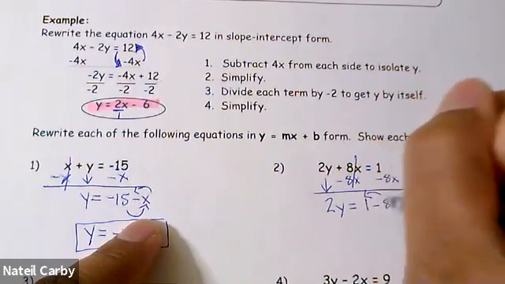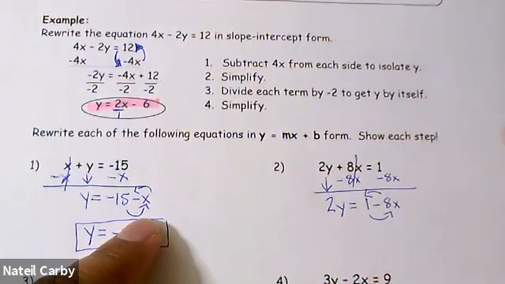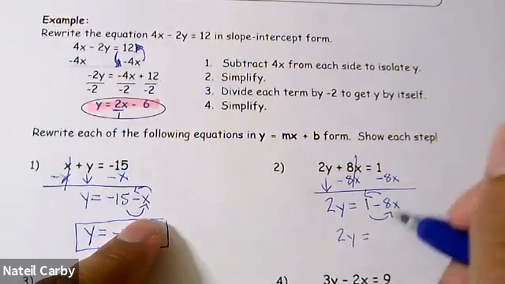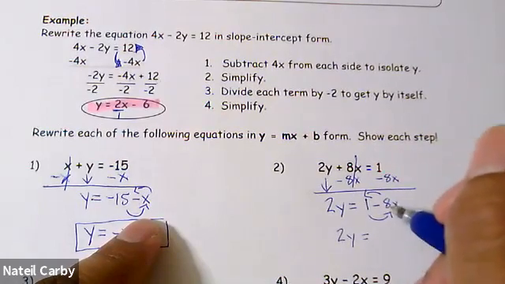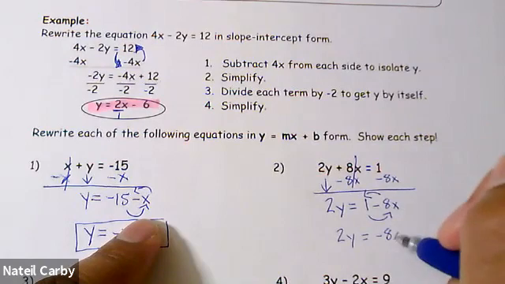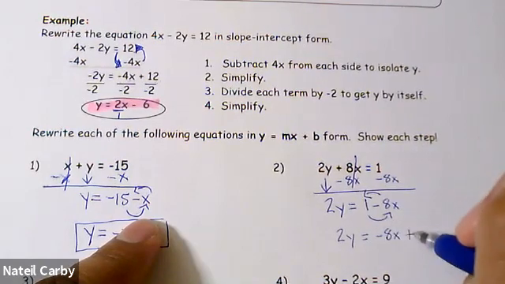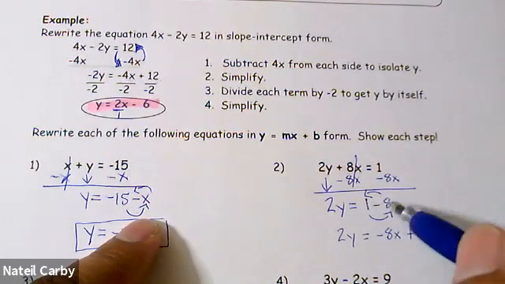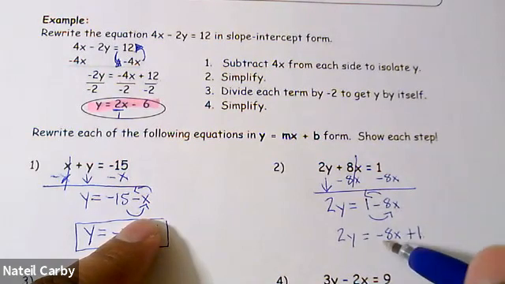So turn your stuff around. So then you have 2y equals, keep my negative, negative 8x plus 1. My 1 is positive, plus 1. My 8 is negative, minus 8x.